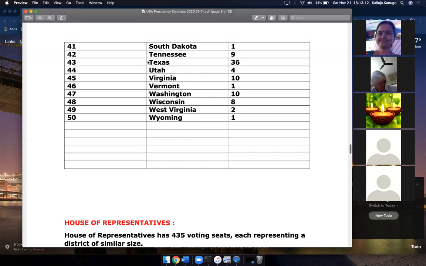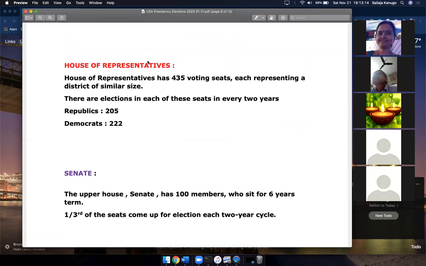So here, if you add all these numbers, it comes to around 435.